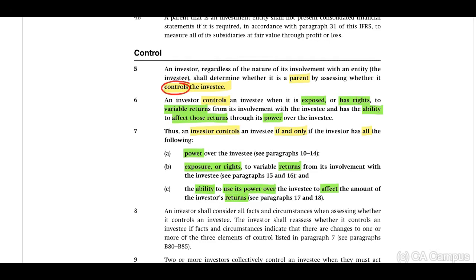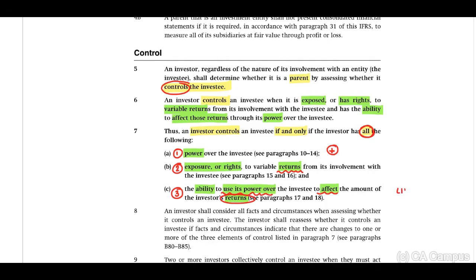Now, when will it control the investee? If you look at paragraph 7 for me, number 1, when there is power, and because the standard indicates all of the 3. Number 2, the exposure or rights to variable returns from its involvement. And number 3, the ability to use the power over the investee to affect these returns.